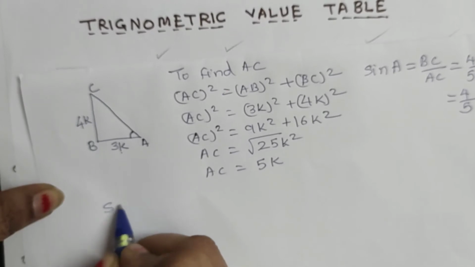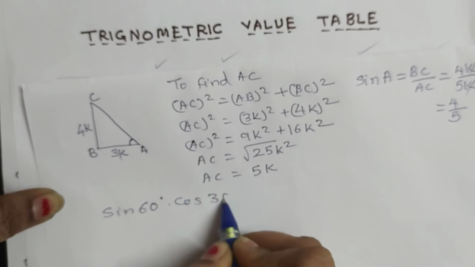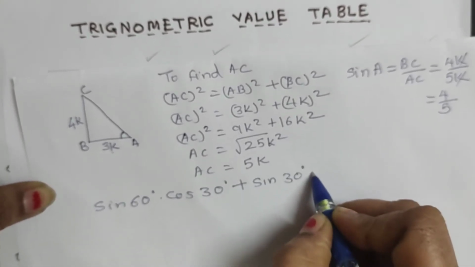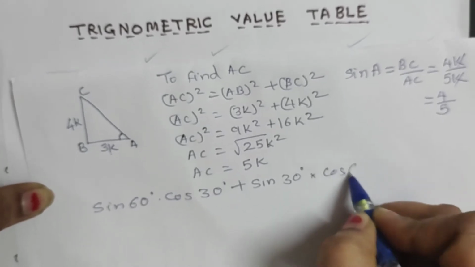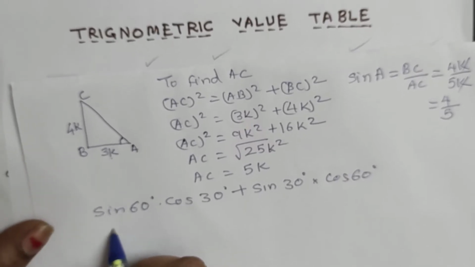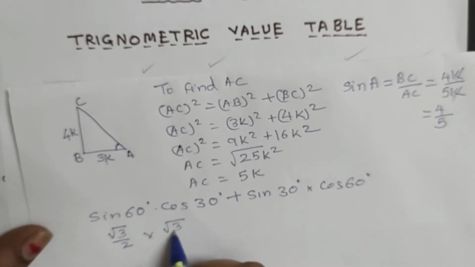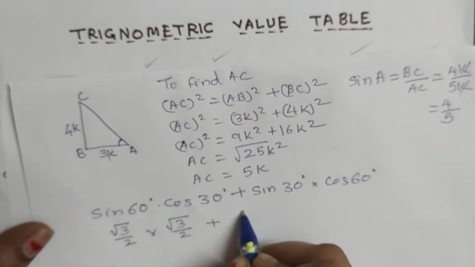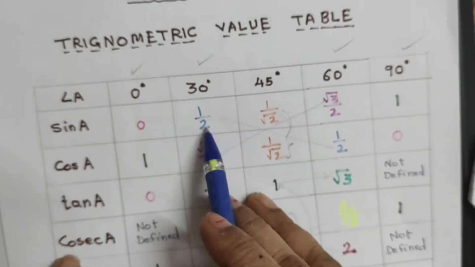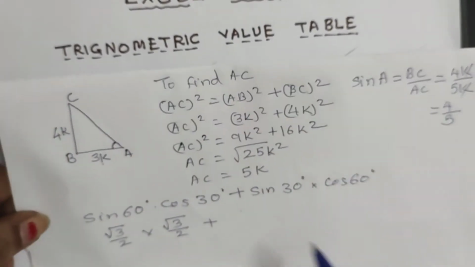That is sin 60 degree into cos 30 degree plus sin 30 degree into cos 60 degree. So sin 60 is root 3 upon 2 into cos 30 is root 3 upon 2 plus sin 30. Sin 30 is 1 upon 2 and cos 60 is also 1 upon 2.